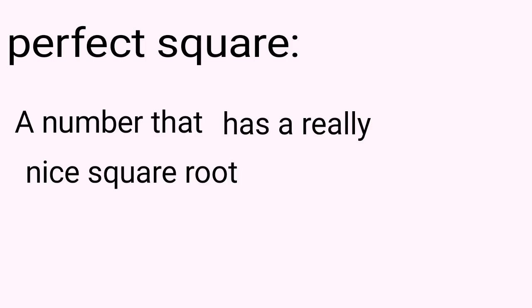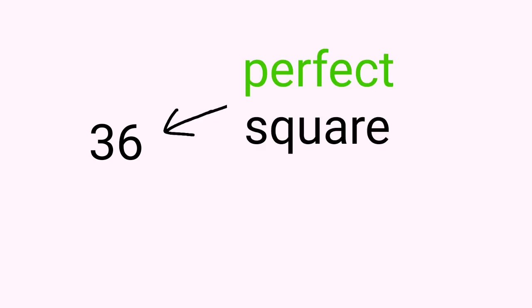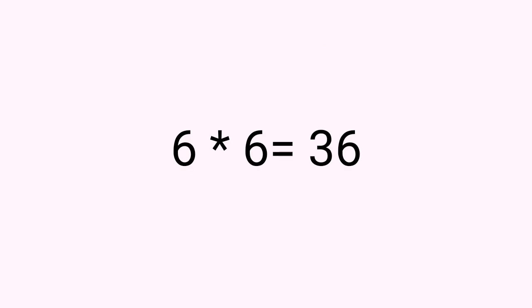Now, the next thing we are going to be learning is perfect square. A perfect square is a number that has a really nice square root. I know it sounds confusing at first, but let's use 36 again. 36 would be a perfect square because 6 times 6 equals 36.